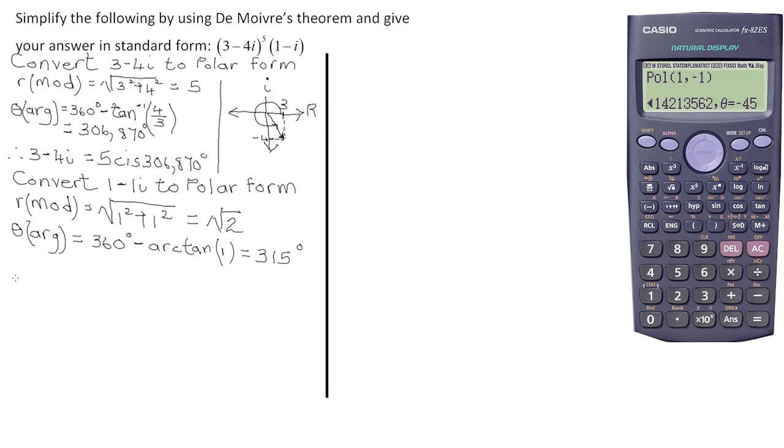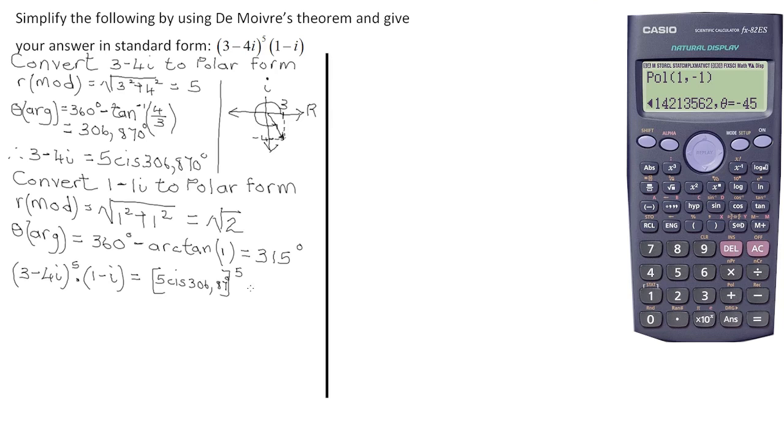Therefore, (3 minus 4i) to the power 5 multiplied with (1 minus i) is equal to bracket 3 minus 4i, that's 5 cos 306.87 degrees, that is to the power 5.